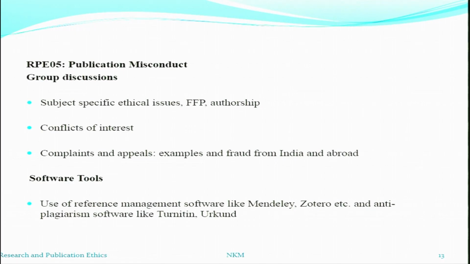And then we'll try to understand authorship also. And then we'll talk about conflicts of interest, how they arise, and how to avoid them. And then again we will discuss complaints and appeals, and we'll take up examples and fraud cases from India and abroad to expand our understanding in this area, right?